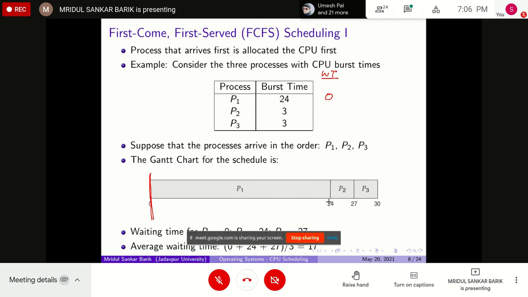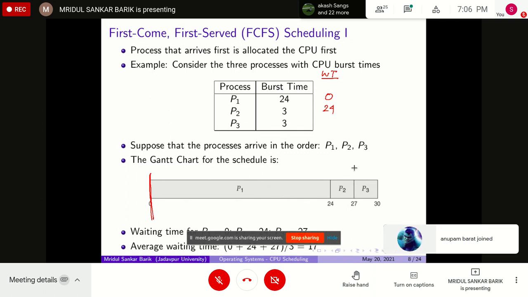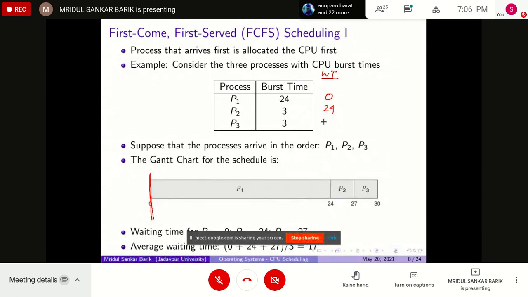Process P2 was given the CPU at 24 and came at 0, so its waiting time is 24. Process P3 was given the CPU at time 27 but came at time 0, so its waiting time is 27. So the average waiting time is (0 + 24 + 27) divided by 3, which is 17.